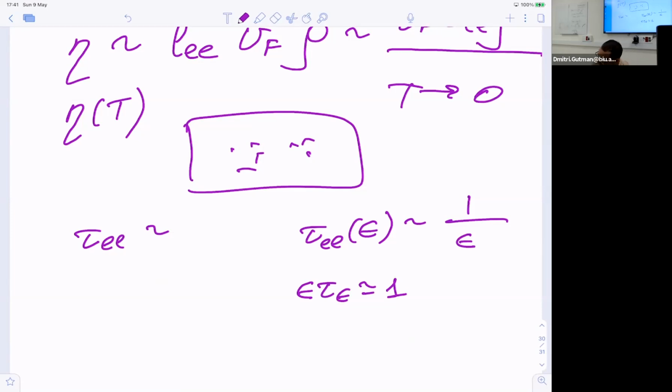So for particles, when I divide 1 over tau by energy, this should go to 0 when energy goes to 0, right? It should have this property. So then there should be epsilon.